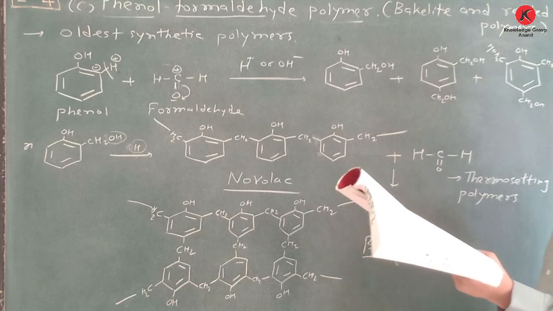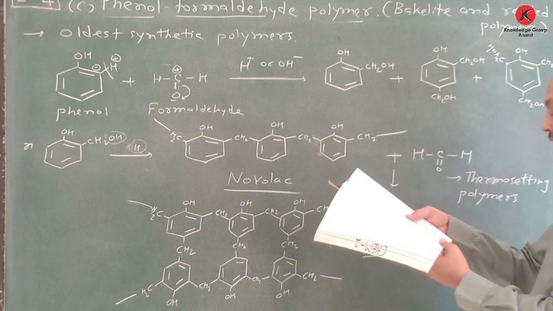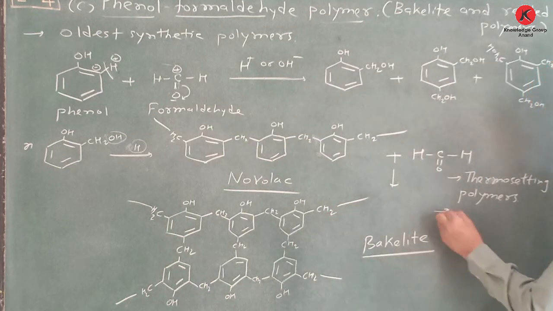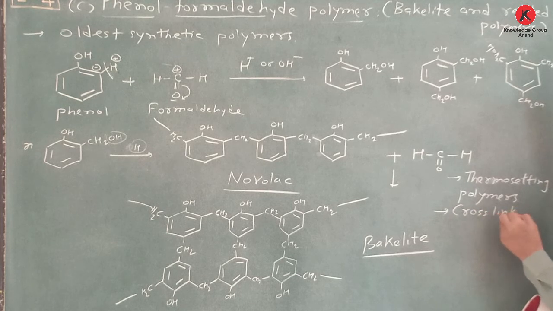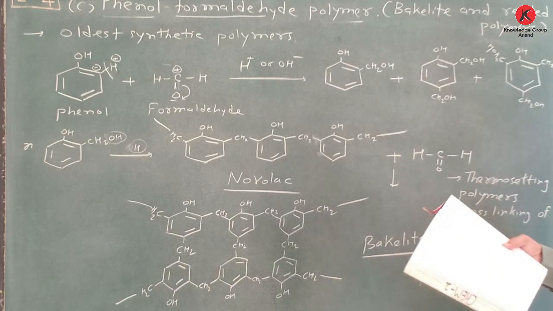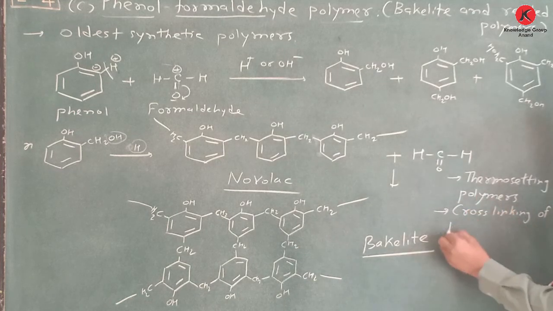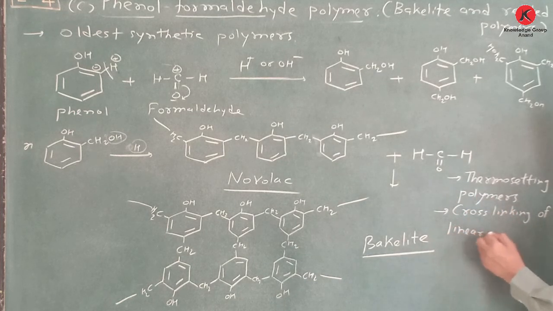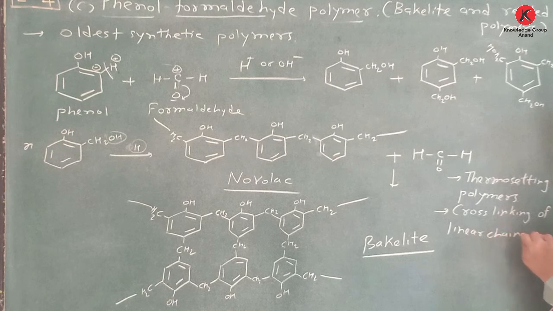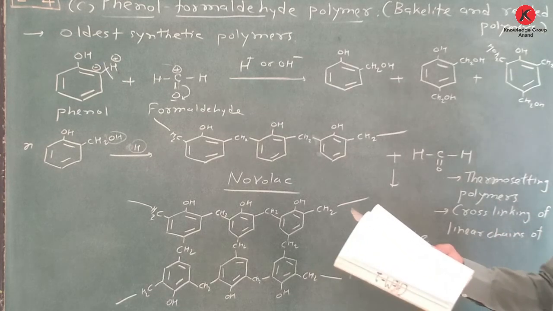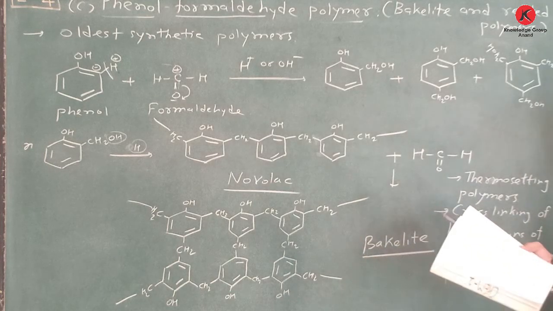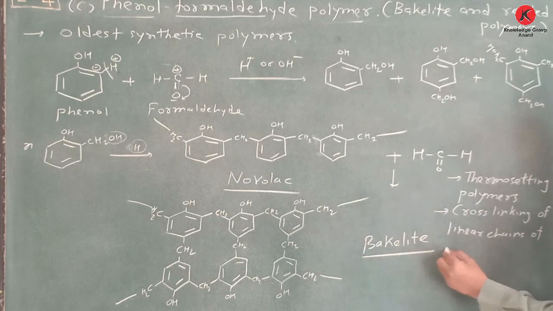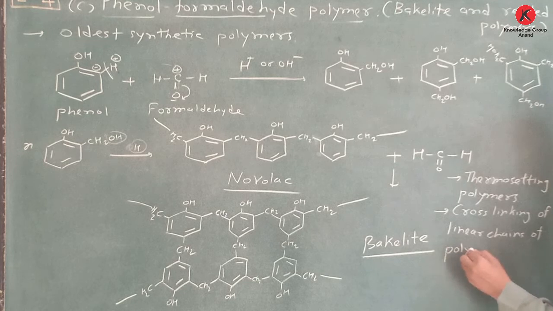Thus bakelite is formed by cross-linking of linear chains of which particular polymer? Linear chains of the polymer Novolac.